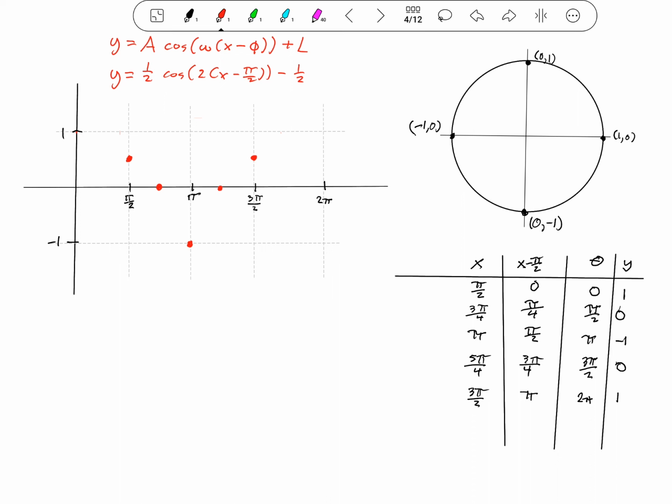And the points down here at negative 1 become points at negative 1/2. And I can go ahead and continue the pattern of points out like this.